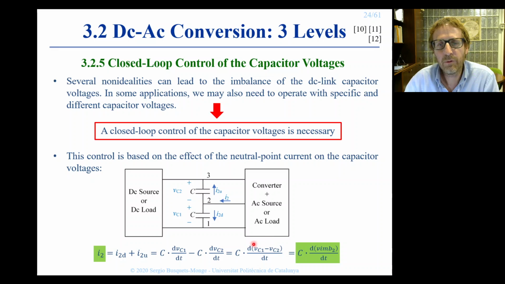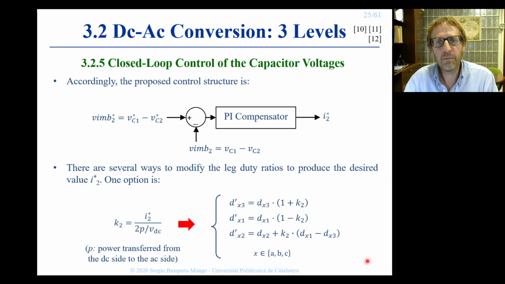We can call this difference, VC1 minus VC2, the voltage imbalance at point 2. So what we see clearly is that the neutral point current is defining the derivative of this voltage imbalance. So based on this, we can propose a very simple closed-loop control of the capacitor voltages.